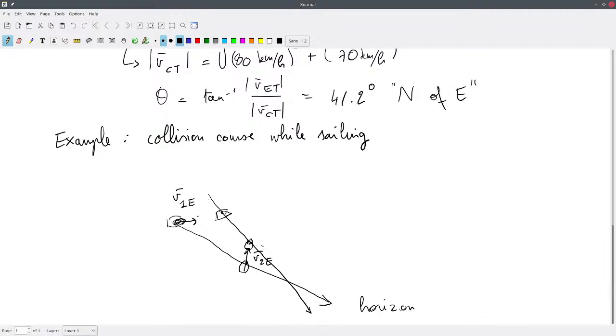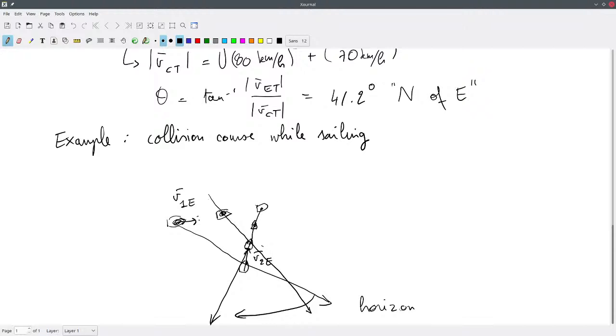From the point of view of sailboat 1, sailboat 2 will appear at a different point with respect to the horizon. So now we can of course continue that. Another time interval later, boat 1 will be there, boat 2 will have moved a little bit and will be here, and again they will be at a different point on the horizon, and so the fact that boat 2 is moving with respect to the horizon indicates that there's not going to be a collision course.